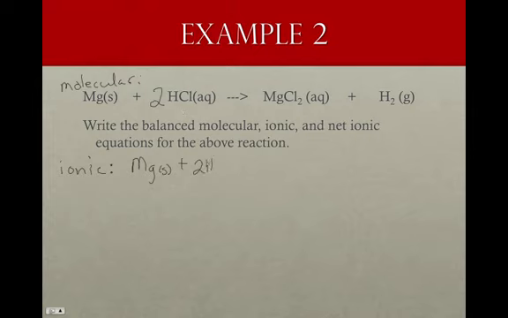So we have 2H+ aqueous plus 2Cl- aqueous is going to form, well, the MgCl2 is still aqueous, so we're going to split that up into its ions, so it's Mg2+ because magnesium has a 2+ charge, and that's aqueous, plus we have 2 chloride ions, so 2Cl-, and again that's aqueous. And then the H2 gas, because that's not aqueous, we just leave it as it is and copy it down. So there's our ionic.